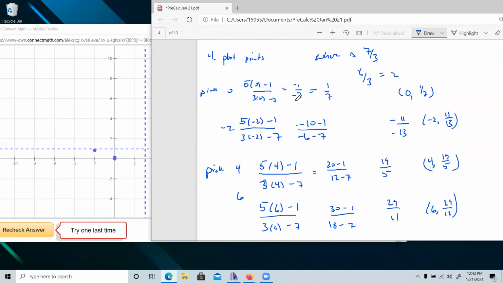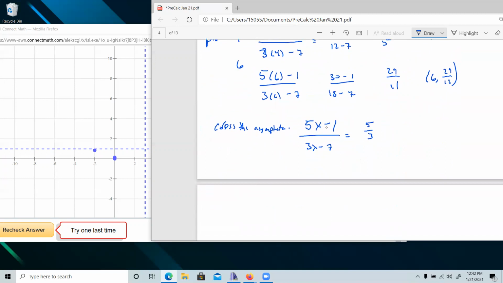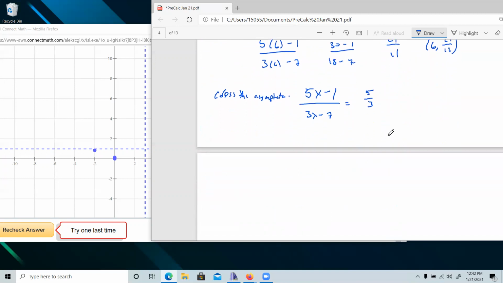Let's check. Okay, so we have 5x minus 1 over 3x minus 7. What was our asymptote? It was 5/3. So when I multiply both sides, a little bit harder now, one side doesn't just be 0. We have 5x minus 1 is equal to 5/3 times 3x minus 7. See what happens here?